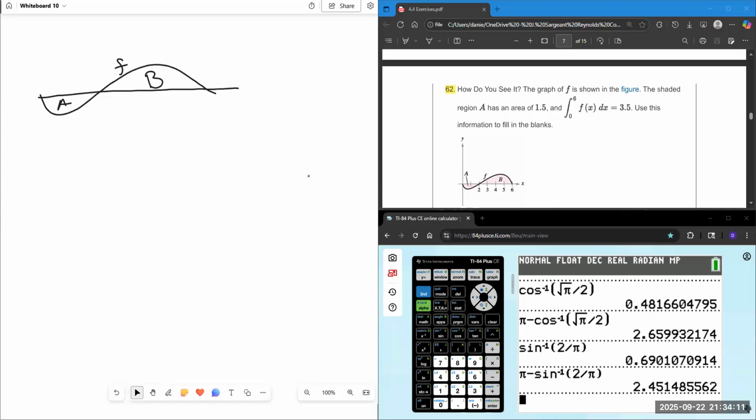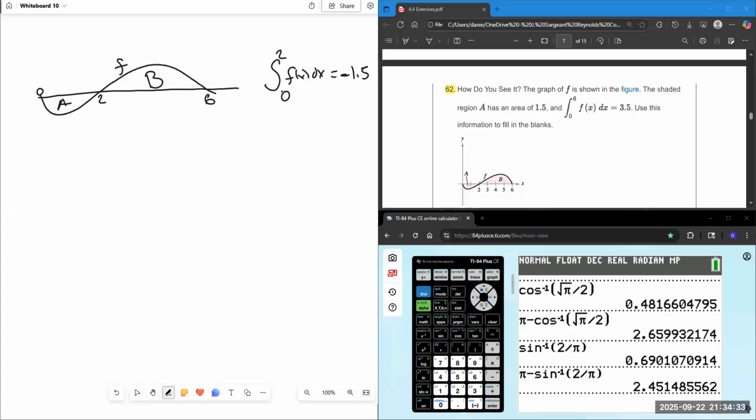And then we know that this is 0, this is 2, this is 6. The integral from 0 to 2 of f of x dx is going to be negative 1.5.